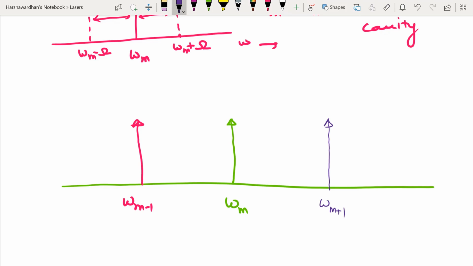And hence there is a series of modes on either side of this central frequency. So once you modulate these fields, each one generates its own sideband. For example, the central frequency omega m generates a sideband, and another sideband.